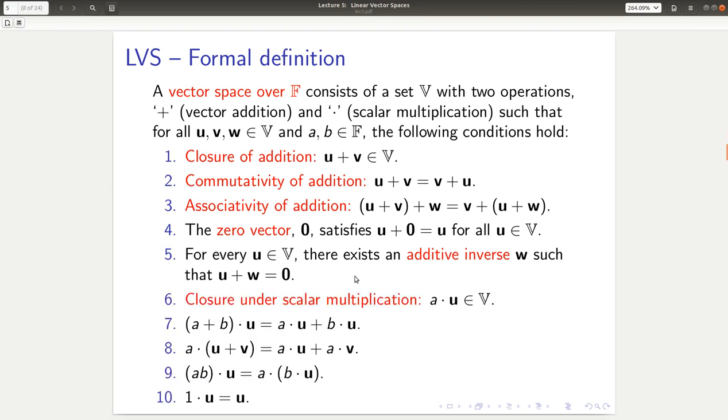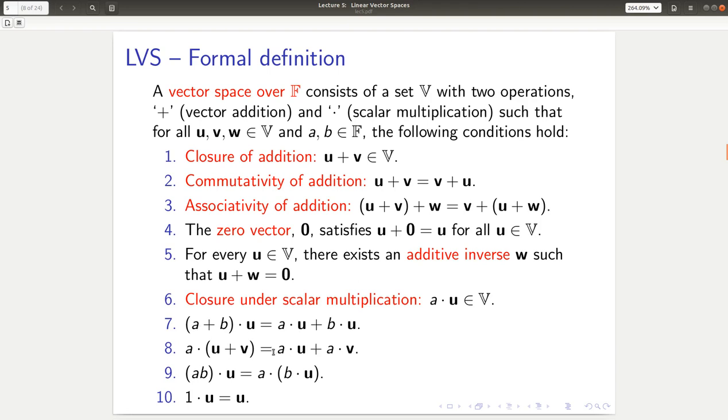Now let's look at the key things. Here we will keep using a dot, a dot u, to indicate scalar multiplying the vector. So closure under scalar multiplication: for any u and for any scalar a, their product will also be an element of V. So 1 and 6 are very important properties.